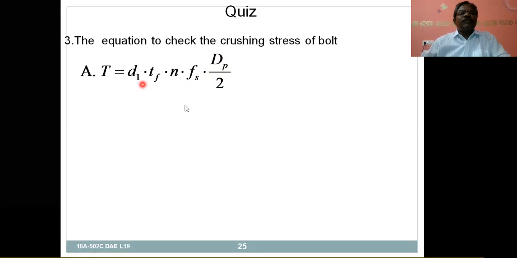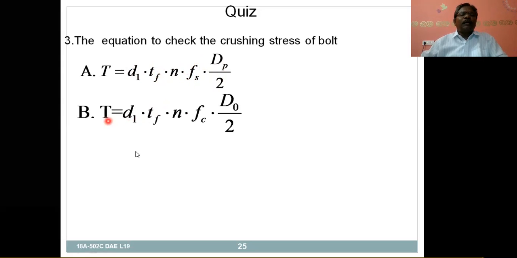If you observe this equation, this may be the crushing area for n number of bolts. Then Fs is the notation used for shearing only. So that's why A is not the right answer.